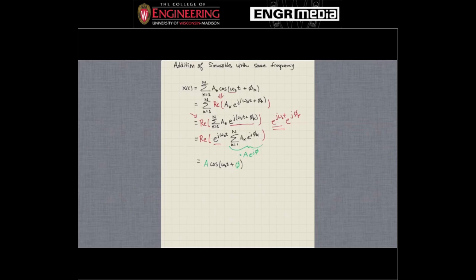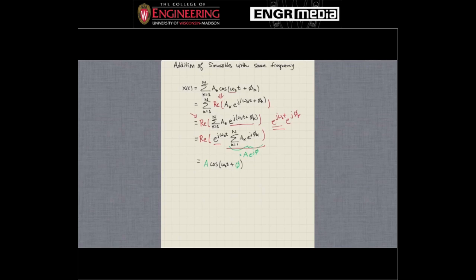It's been factored out of the sum. And now we really just have a sum of a bunch of complex numbers, right? This is just expressed in that radial or that polar form. So just think of it as a sum of a bunch of vectors in the complex plane. This portion is really just another complex number, right? And so let's just generically call that complex number a times e to the j phi, right?